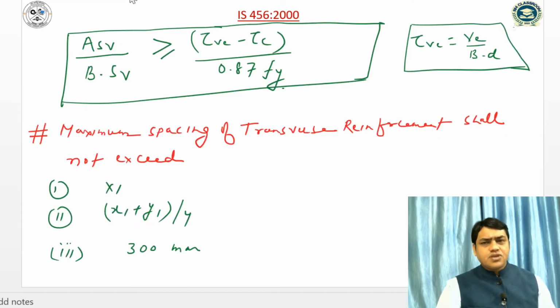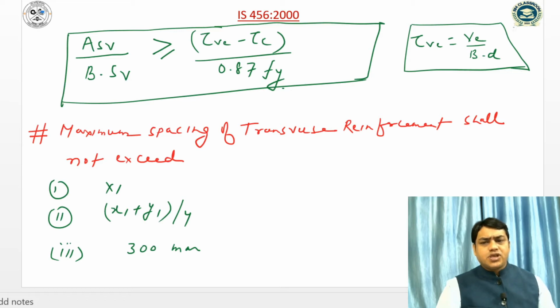Similarly, the minimum shear reinforcement can be computed as Asv / (b Sv) greater than or equal to (tau v minus tau c) / 0.87 fy. The maximum spacing of transverse reinforcement shall not exceed x1, or (x1 + y1)/4, or 300 mm.